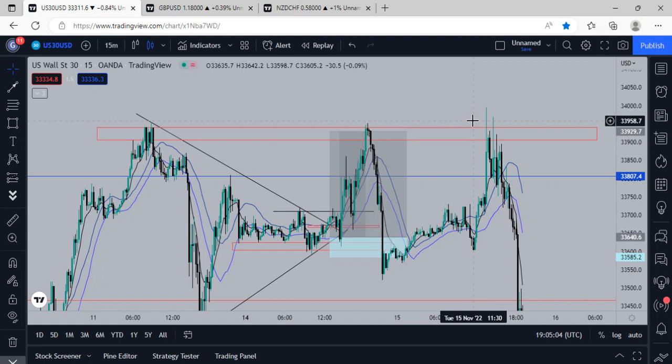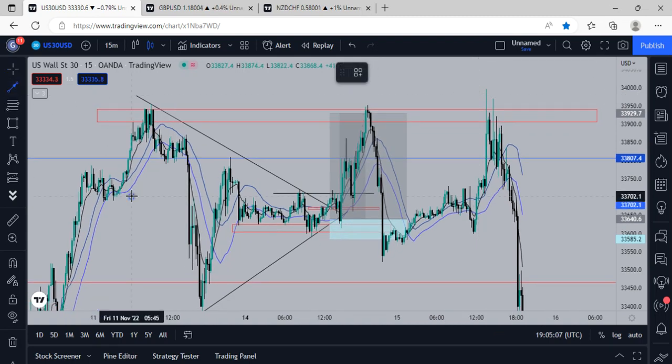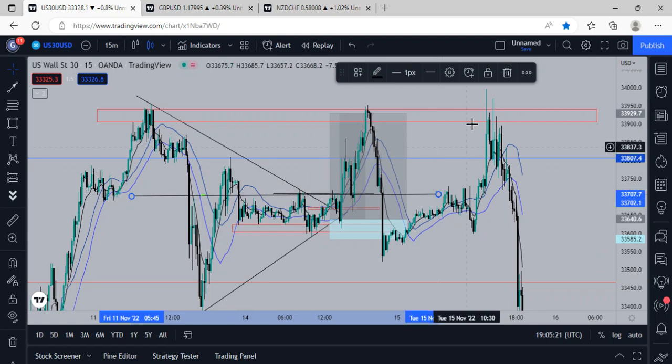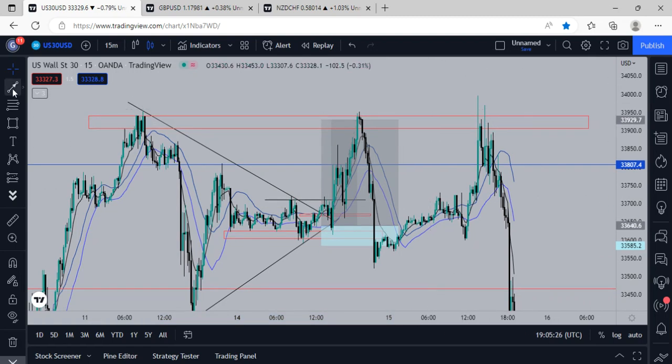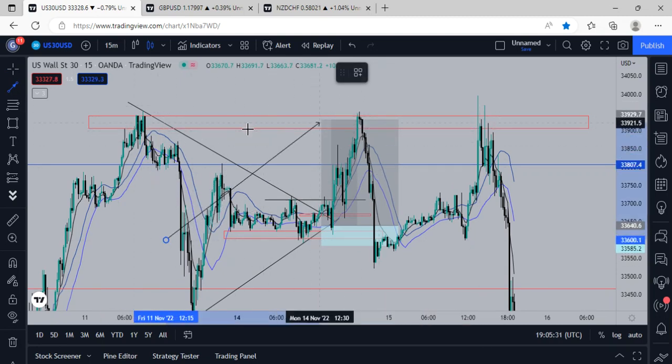Price failed to break and continue buying. The price came back to the level again, tested it, failed to break out, instead rejected again. Price came back, bought, failed to break through it, instead rejected again. So that's proving to become a very strong resistance area because price rejected more than once. And the more rejected an area is, the stronger it becomes.